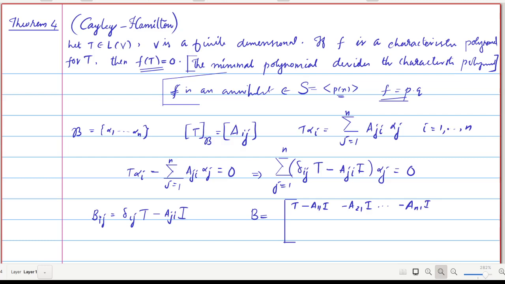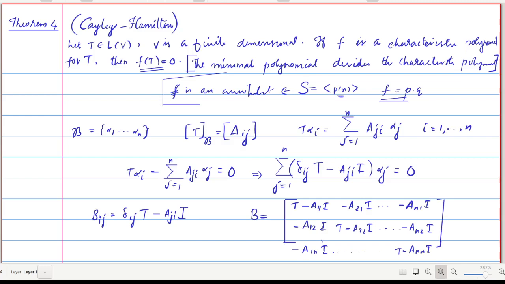For this B21, delta 21 is 0, this is minus a12 I, and on the diagonal we have t minus a22 I, etc. Last we have minus an2 I. At last we have the matrix minus a1n I, etc. The last term will be t minus ann I.